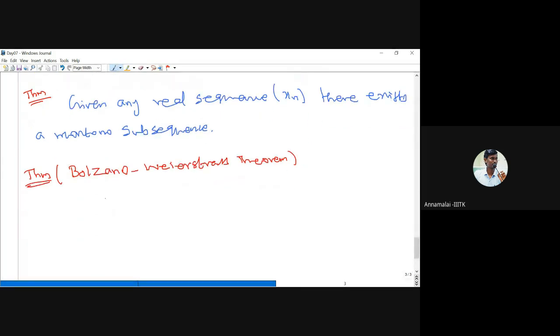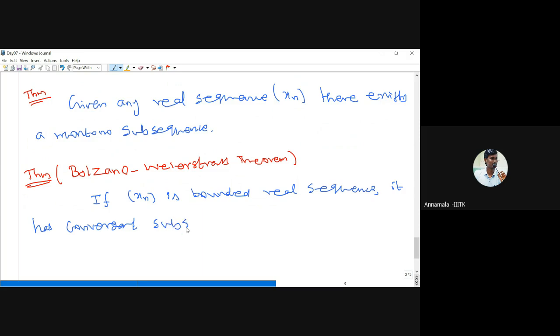If x_n is a bounded real sequence, then it has a convergent subsequence. We can find a subsequence which converges, but the original sequence need not be convergent.